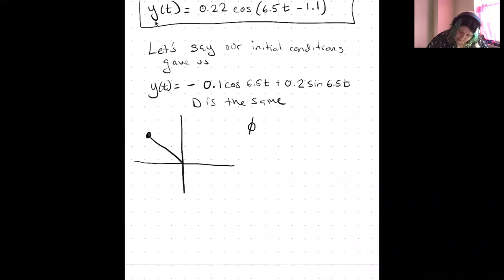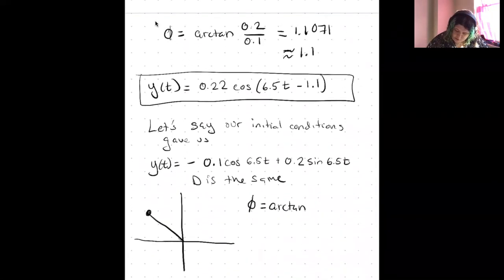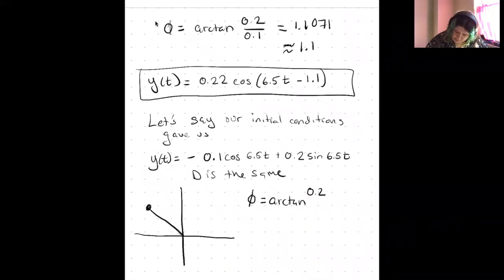So my phi equals arctan of 0.2 divided by 0.1 plus pi. I'm not sure exactly what that is, but the arctan is the same, so it's 1.1 plus, I'll say, 3.1 right now. So this is going to be 4.1.